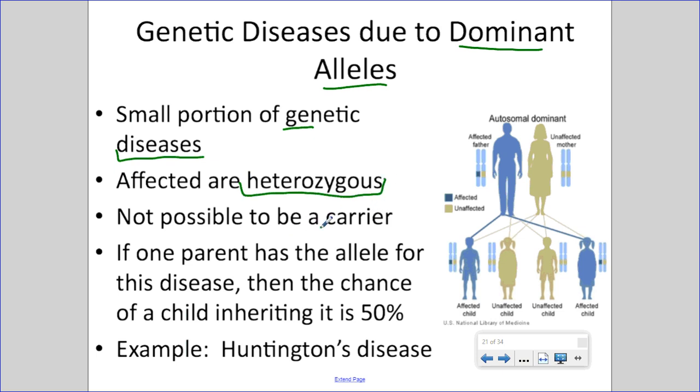It is not possible to be a carrier for a genetic disease caused by a dominant allele, as if you have the allele, you will have the disease. If one parent has the allele for this particular disease, then the chance of the child inheriting the allele is 50%. The example of a genetic disease due to a dominant allele is Huntington's disease.